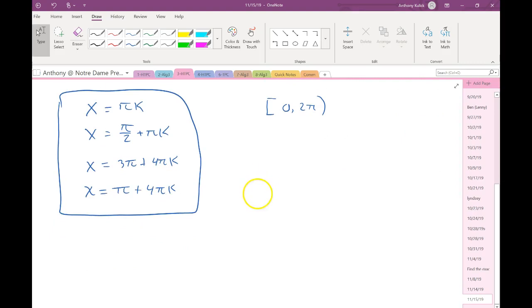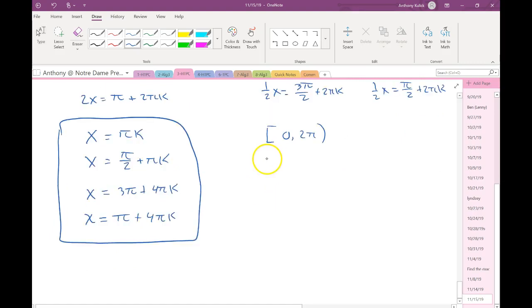Okay. So, let's look at the first solution. When k equals 0, what do I get? 0. Is that an answer? Yeah, right? 0 is in the range from 0 to 2 pi. When k equals 1, what do I get?